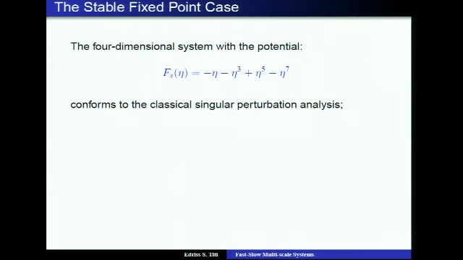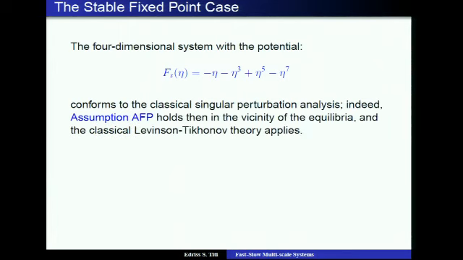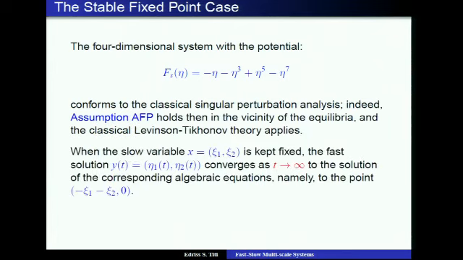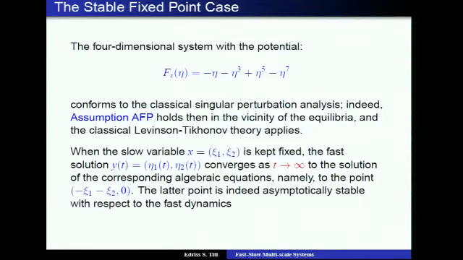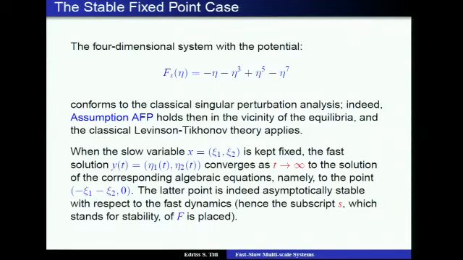It confirms basically the theory, the analysis of the fixed point of Levinson and Tikhonov, namely you can solve explicitly for the three variables, xi equals xi1, xi2. When it is kept fixed, the fast dynamical system converges to the unique fixed point minus xi1, minus xi2, and 0. And therefore, you converge there. And in this particular case, this point is asymptotically stable, and everything is nice. That's why it is called the stable f_s.